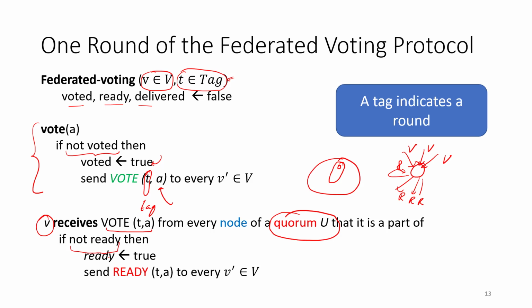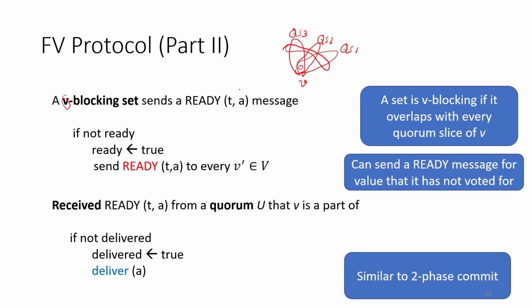From not ready it has become ready, which means it's done. It has made up its mind, it has voted, and it has changed its status. Mind you, whatever ready message it sends may be different from what I originally voted for. This value of A may be different, but that's okay.